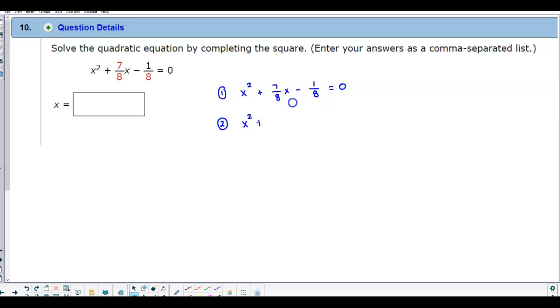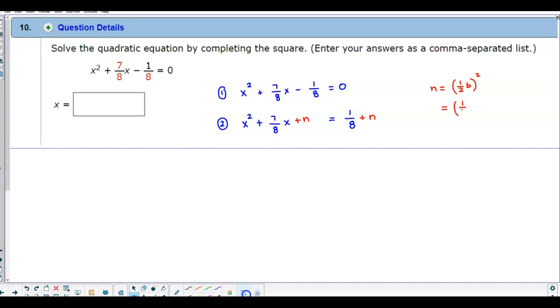So we have x squared plus 7/8 x, and then we're going to add the 1/8 to both sides. And then completing the square, we're going to add n to both sides of the equation. And then we're going to take n, and that's going to equal 1/2 the middle coefficient term b, and then square it.